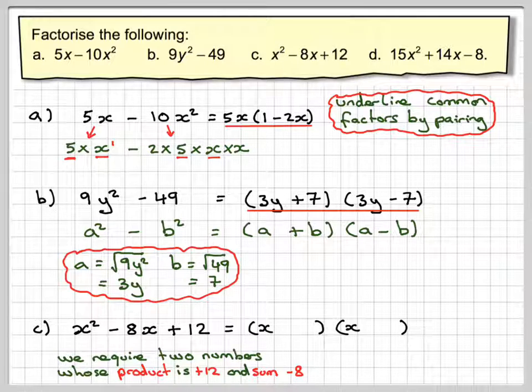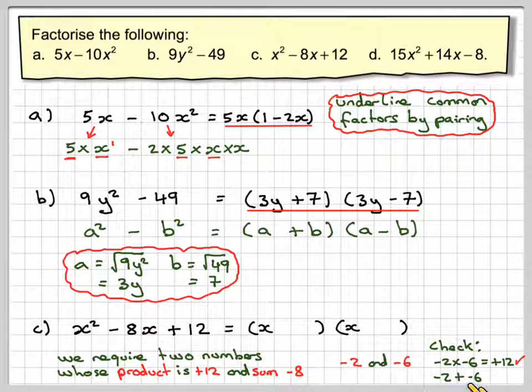Okay, welcome back. So did you try minus 2 and minus 6? Let's just check that. The product of those is minus 2 times minus 6, which is plus 12, and that's what I wanted. And minus 2 plus minus 6 is equal to minus 8, and that's what I wanted as well.